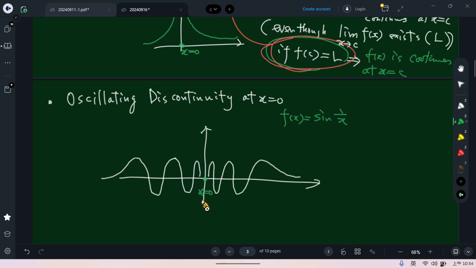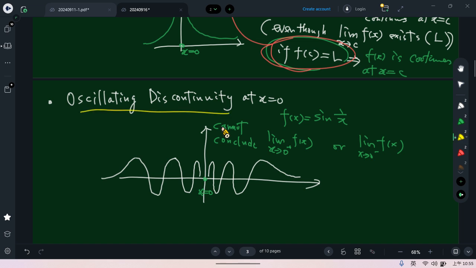We cannot conclude the limit as s approaches 0 plus, or any meaningful value for this one or this one. Sometimes it's -1, sometimes it's 1. The value always varies from -1 to +1, so you cannot conclude its value. So we say this case is an oscillating discontinuity.